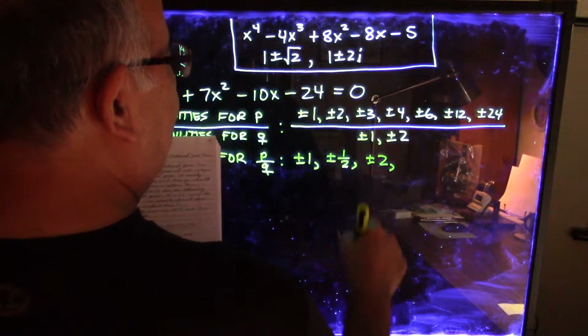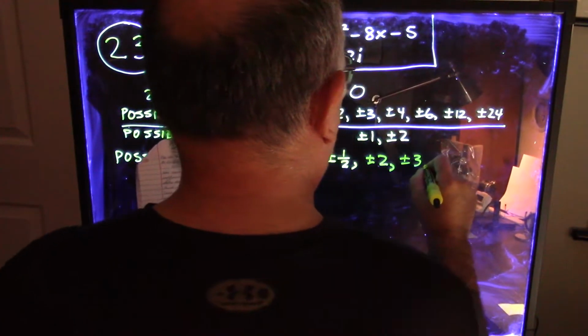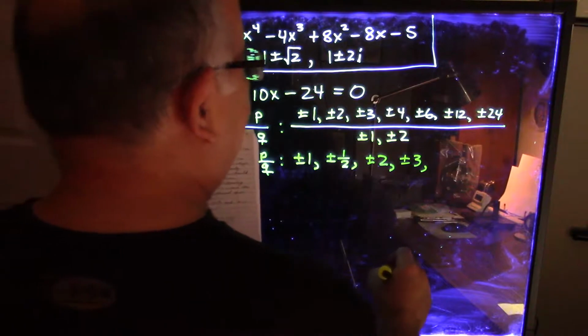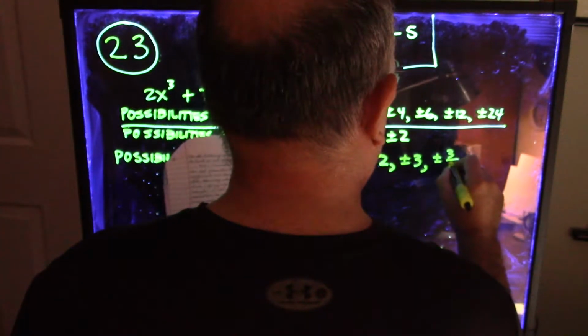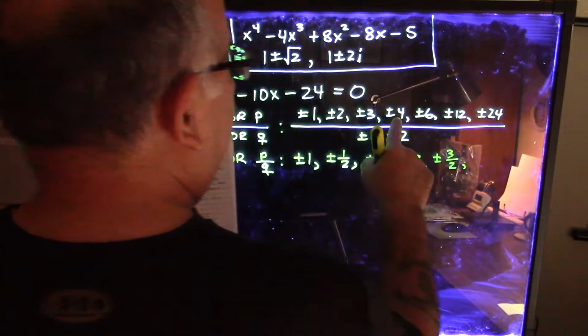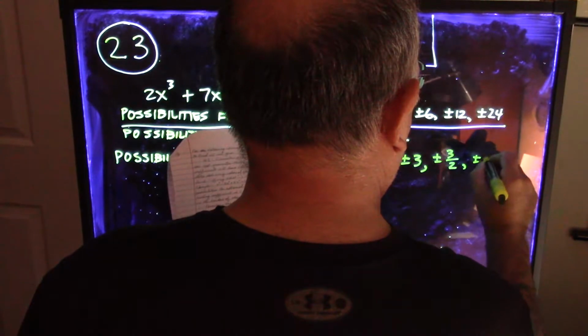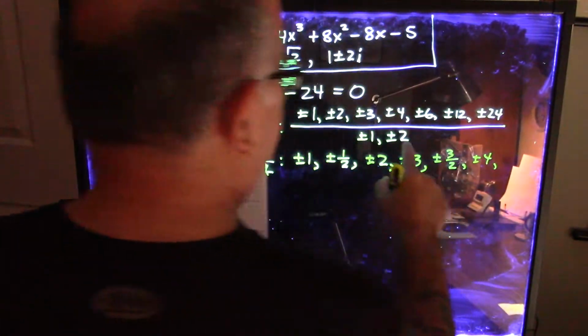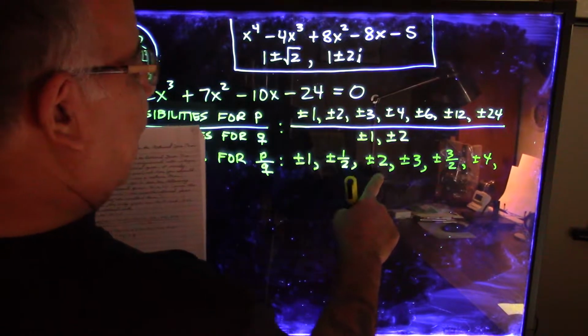Plus or minus 3 over plus or minus 1 gives you plus or minus 3. Plus or minus 3 over plus or minus 2 gives you plus or minus 3 over 2. Plus or minus 4 over plus or minus 1 gives you plus or minus 4. Plus or minus 4 over plus or minus 2 gives you plus or minus 2, which we already have.